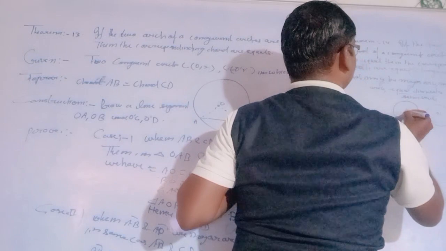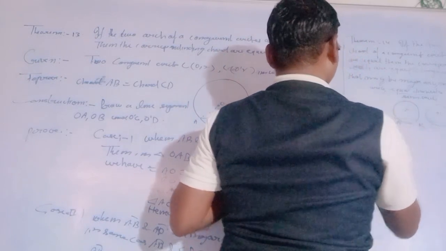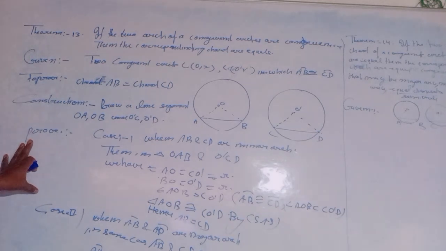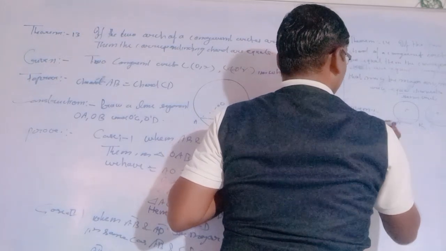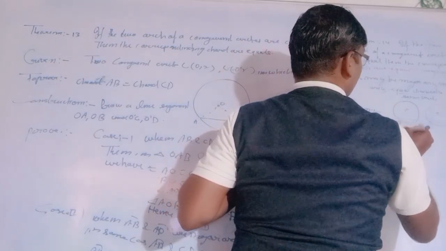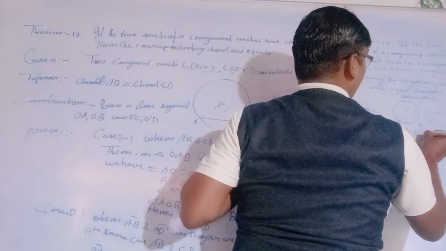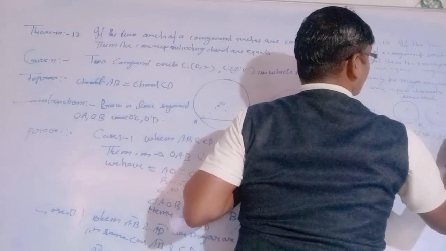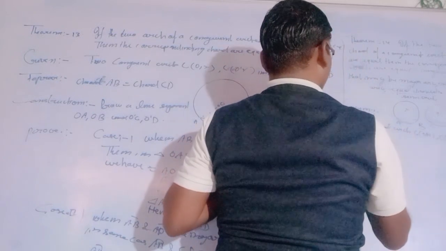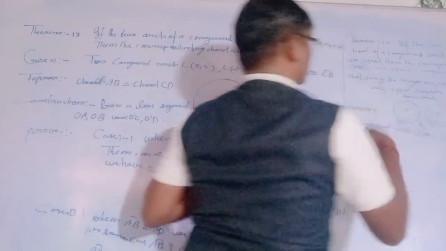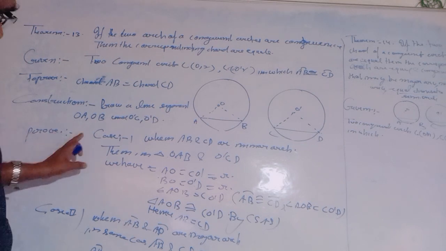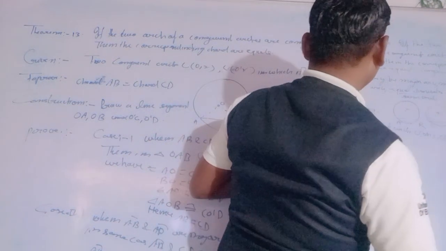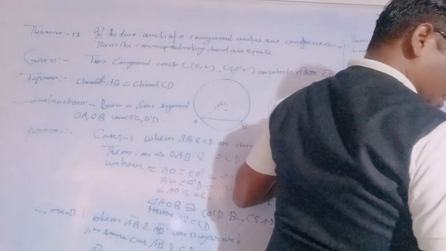Given: two congruent circles with center O and radius R, and center O dash and radius R, in which two chords are given.